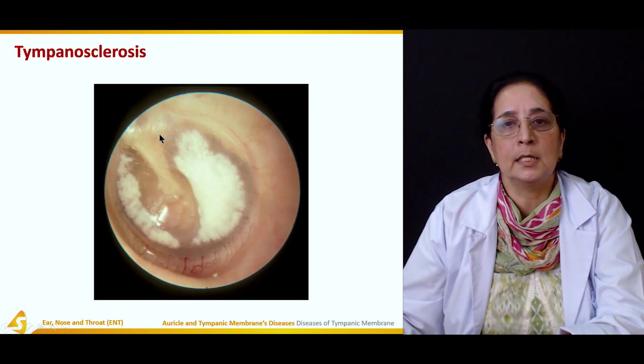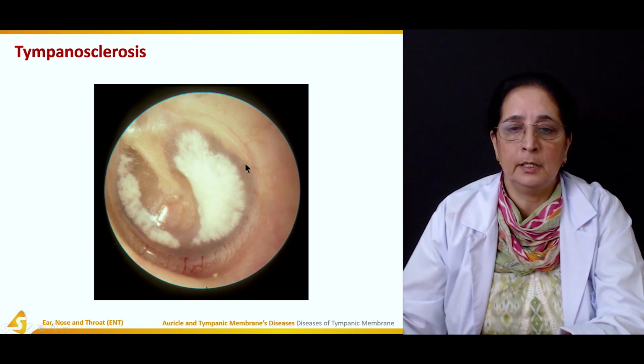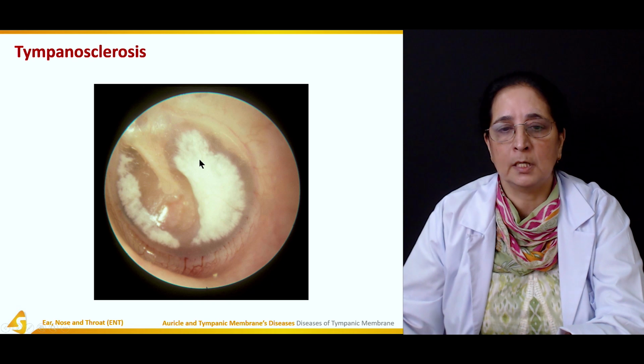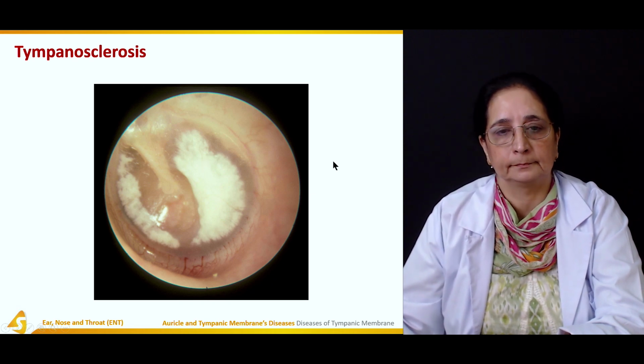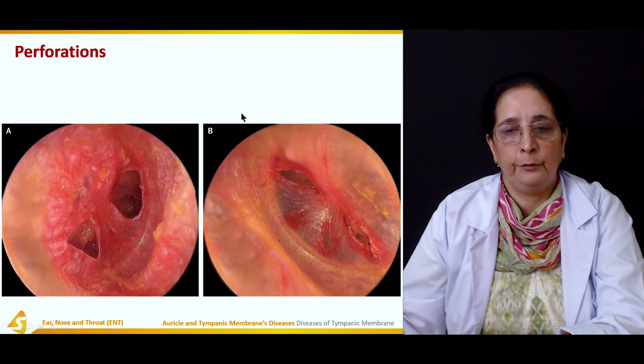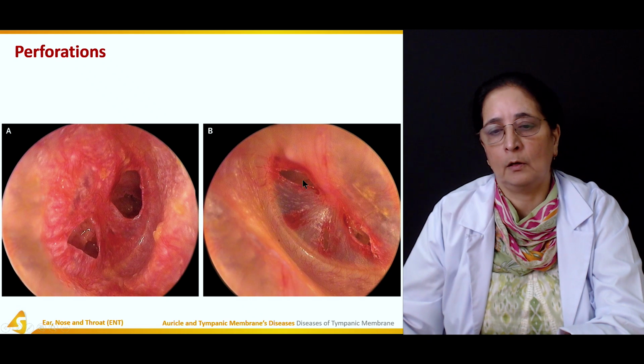Tympanosclerosis. Sclerosis is hardening. So this is tympanosclerosis, or hardening of the tympanic membrane. Perforations. These are the perforations visible on otoscope.